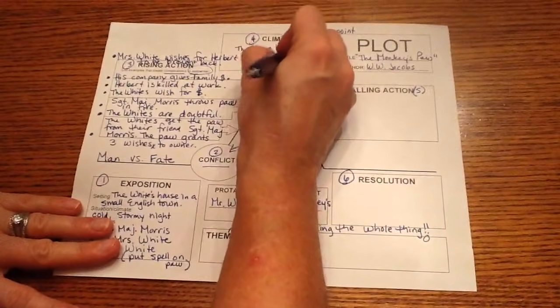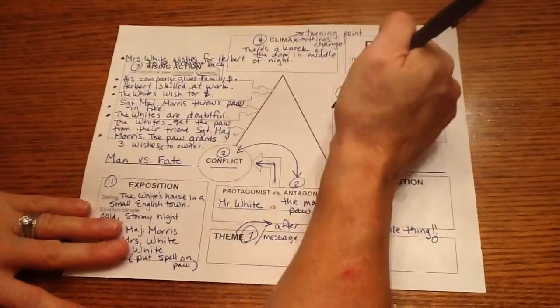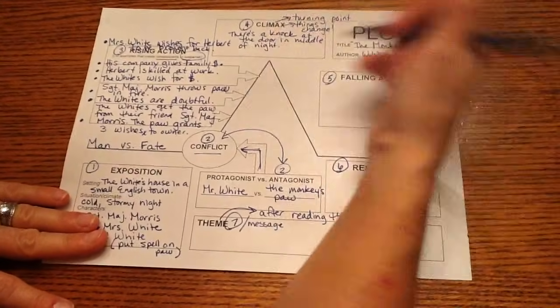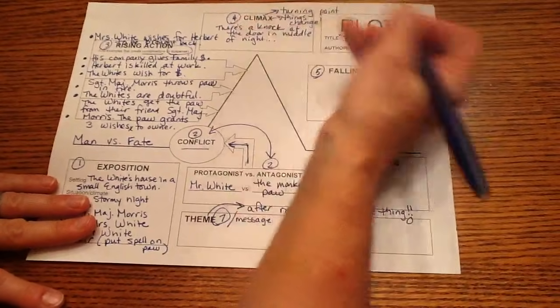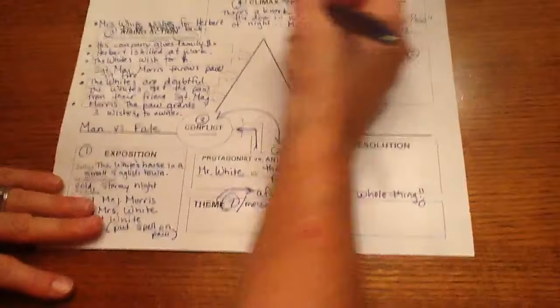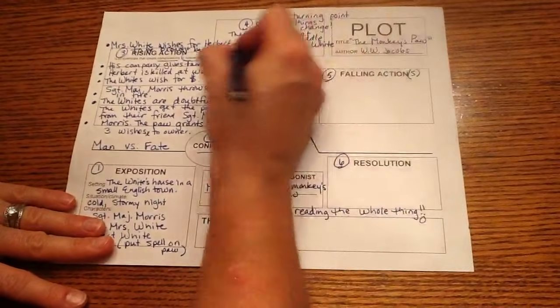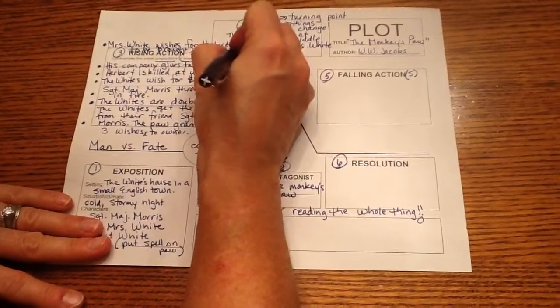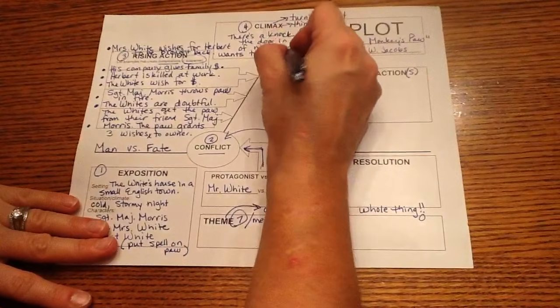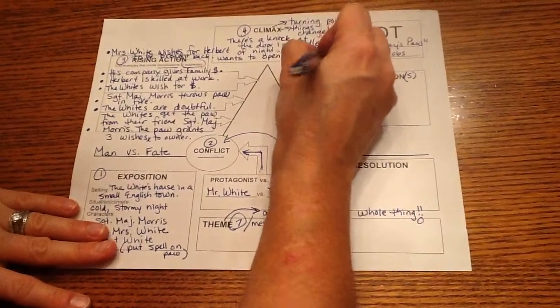And this is where you know that this is a horror story, or it's in the genre of horror. So it's the middle of the night, it's quiet, there's a knocking at the door, and at this point, Mrs. White wants to open that door. Mrs. White wants to open the door no matter what is on the other side.